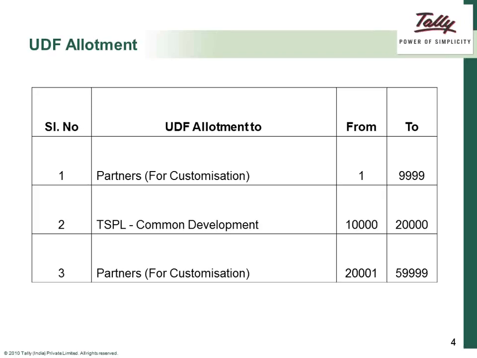Quite a huge amount of numbers which you can use. However, you cannot use an index number between 10,000 to 20,000, which have been reserved by TSPL for common development that we do for our customers.